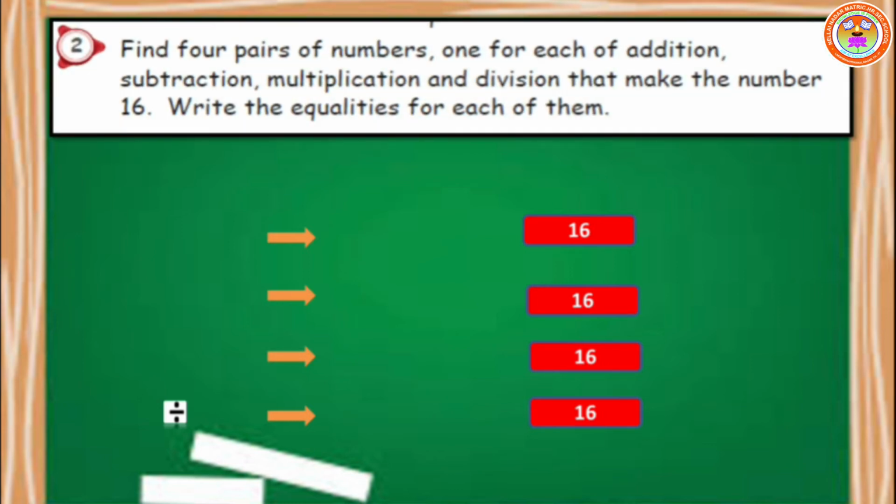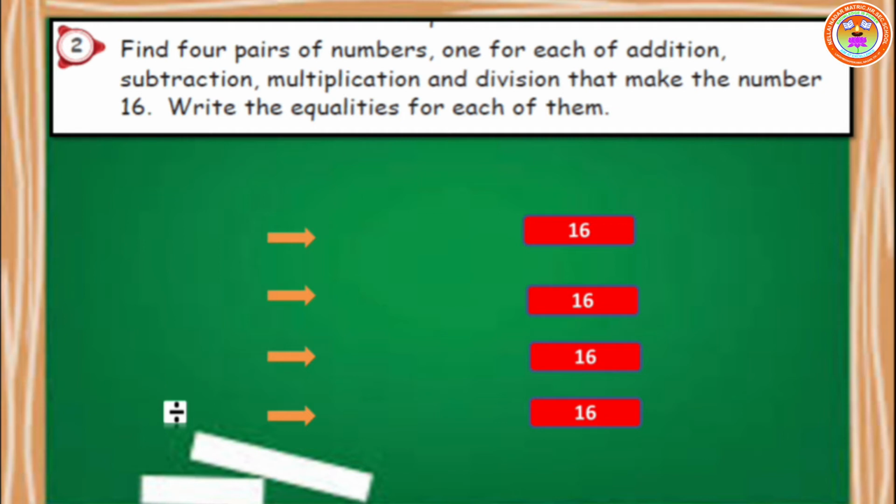Find 4 pairs of numbers, one for each of addition, subtraction, multiplication and division, that make the number 16. We are going to write down the pair of numbers, performing these 4 arithmetic operations, to produce the result of 16.